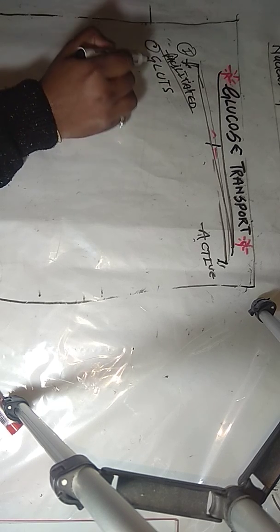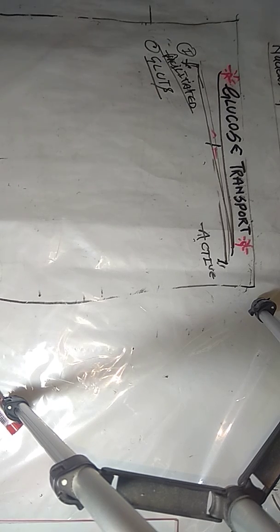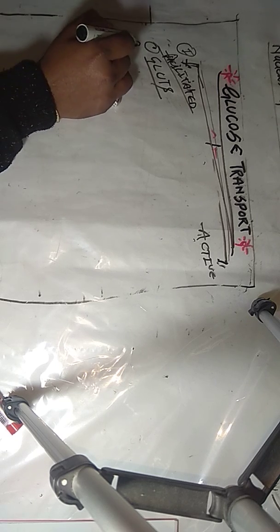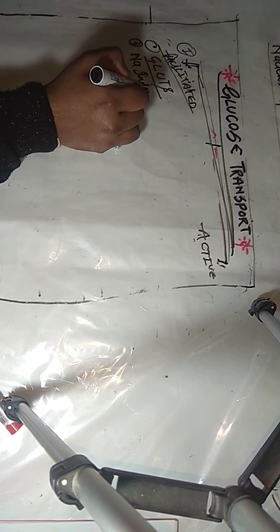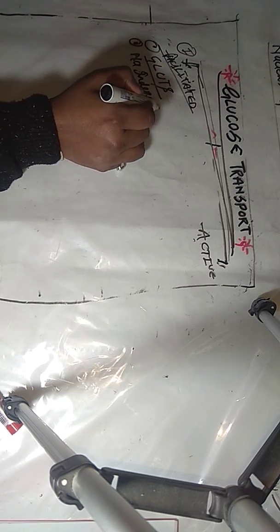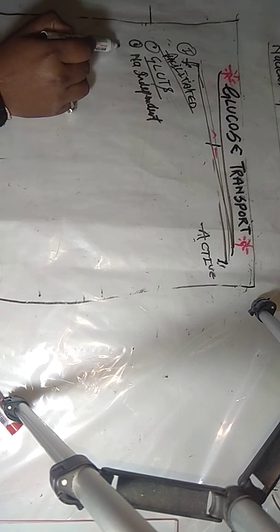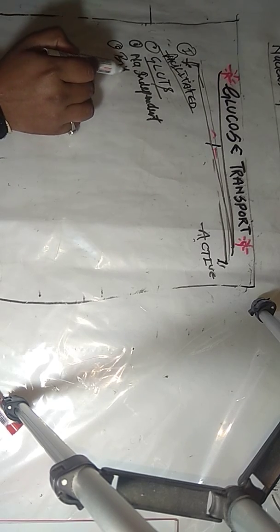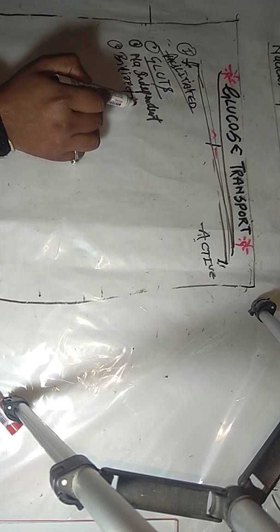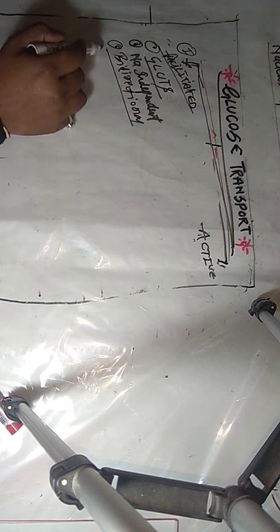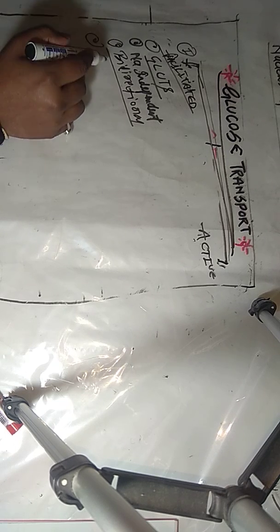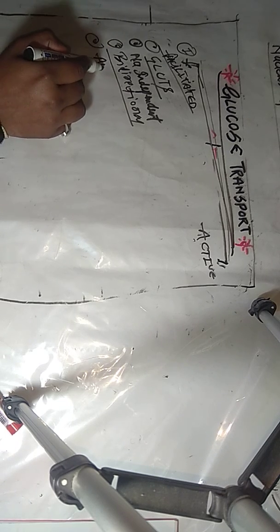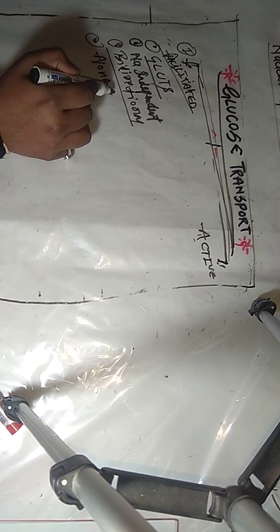Facilitated transport is also known as GLUTs, glucose transporters. These are sodium independent, bidirectional, and work along the concentration gradient.